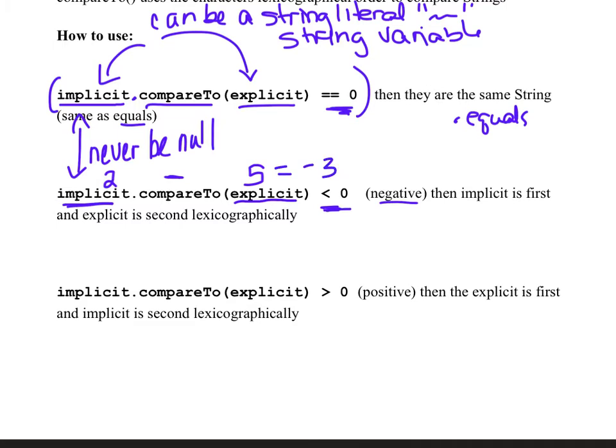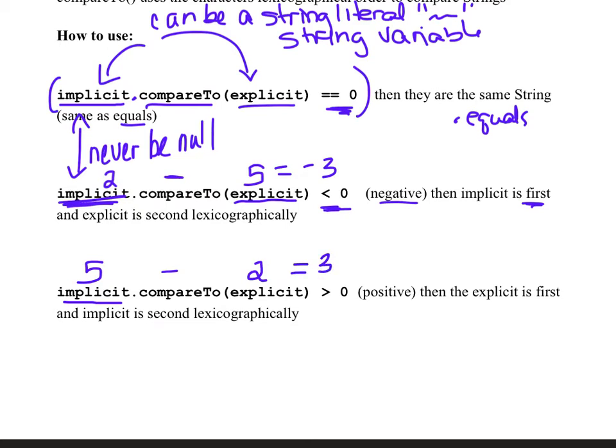That implies the implicit parameter was first in alphabetical order, or in this case, lexicographical order. If it was the other way around, where the implicit was higher up on the number line, say around the 5, and the explicit was lower, say a 2, then 5 minus 2 would give something bigger than 0, a positive, in this case a positive 3.